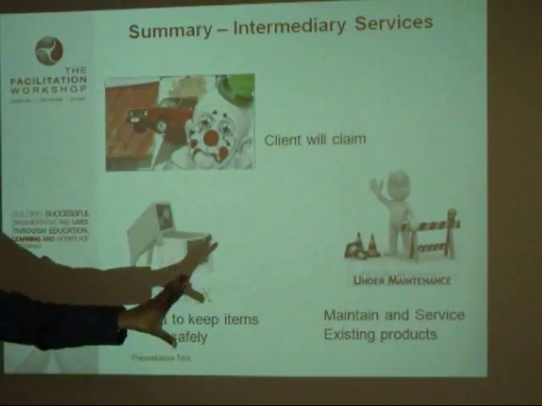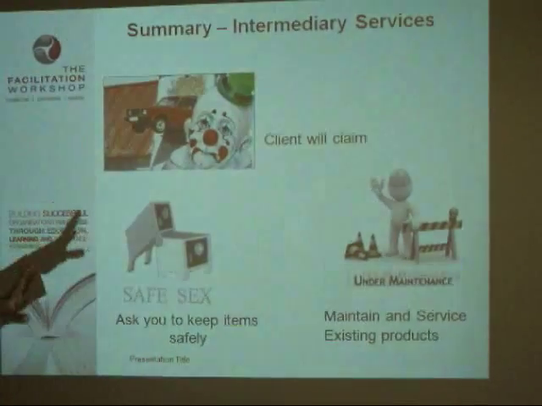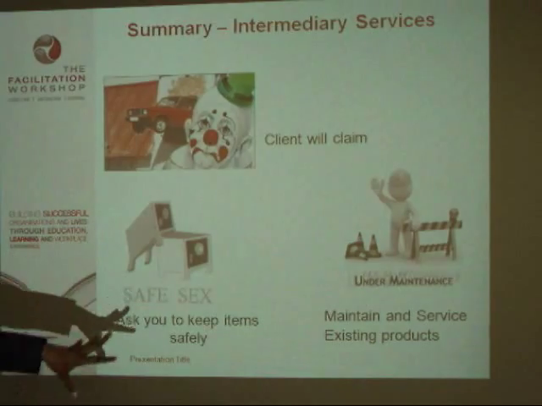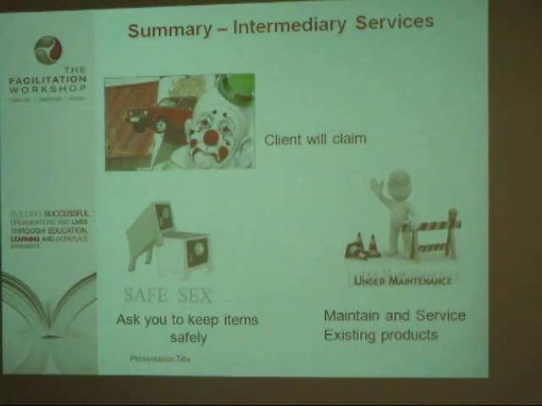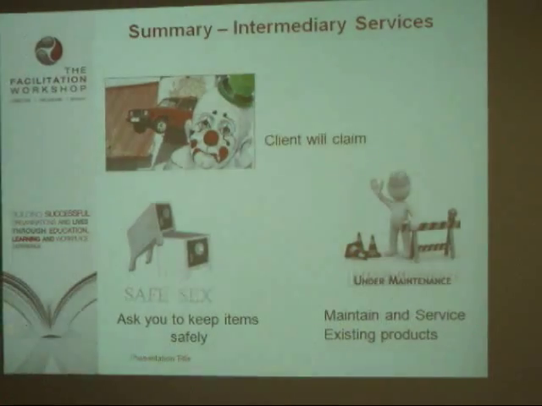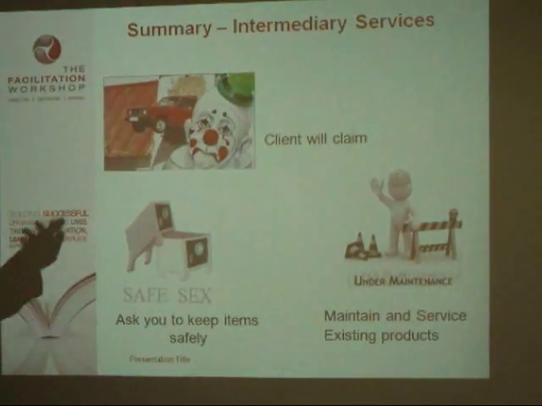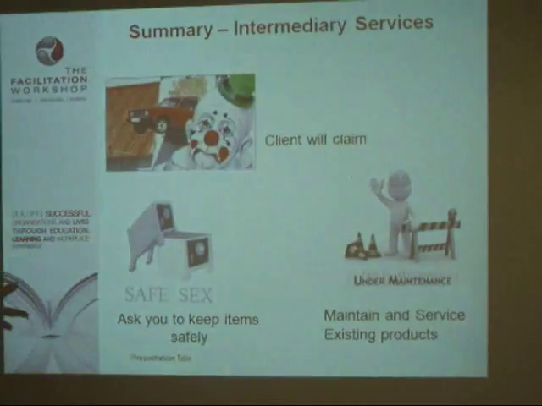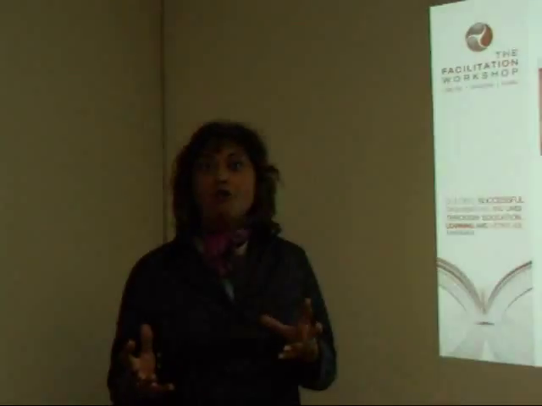Your client will want to know whether the product that he has is servicing his needs, and that needs to be maintained and serviced. And finally, your client may require you to keep in safekeeping certain key items, including, amongst others, share certificates. That, in a nutshell, is what intermediary services covers within the FAIS Act.